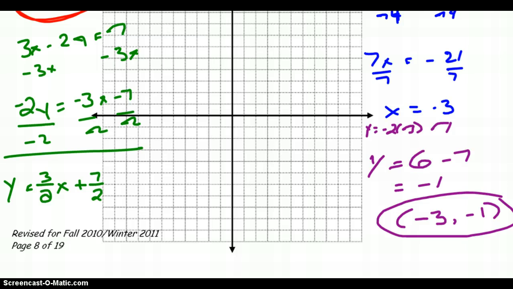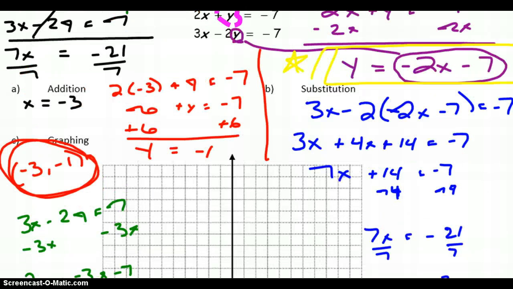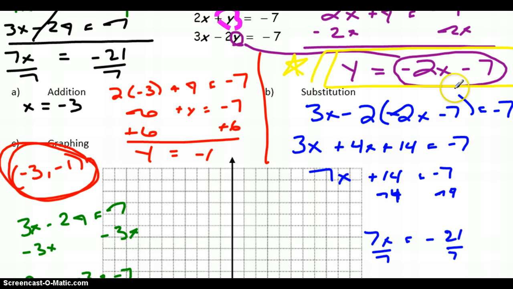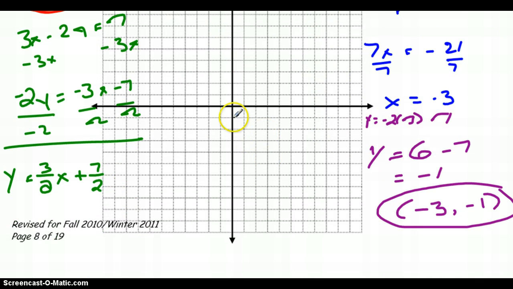Okay, so let's go ahead and graph the top line first. This one was negative 7 was the intercept, and negative 2 was the slope. So 1, 2, 3, 4, 5, 6, 7. And the slope was negative 2, so down 2 over 1, or up 2, back 1, etc.